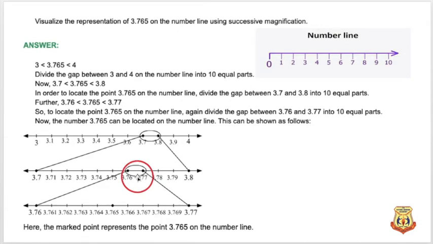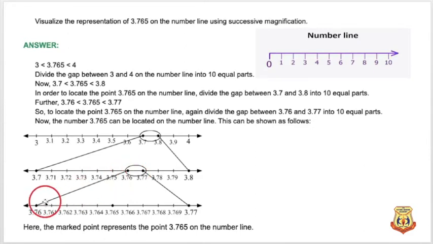Now again you will highlight these 2 points. What are the points? 3.76 and 3.77. Look at this. 3.765. So I know that this number is definitely going to be here only. It will fall here only. 3.76 and 3.77, in between the number is there.